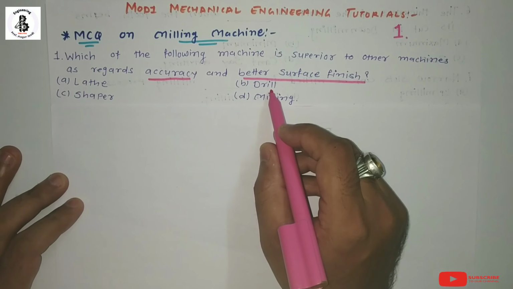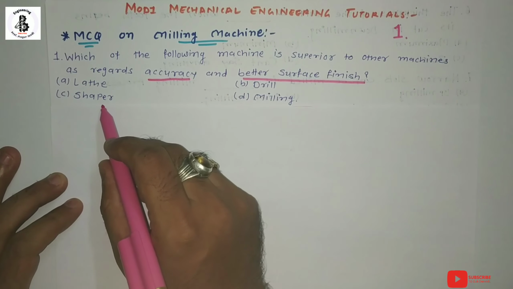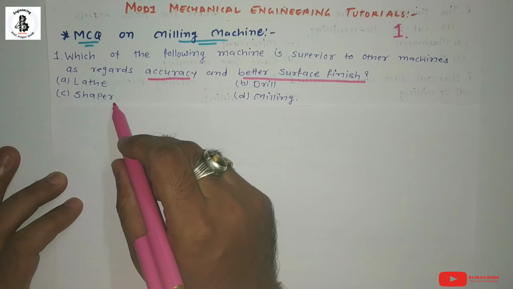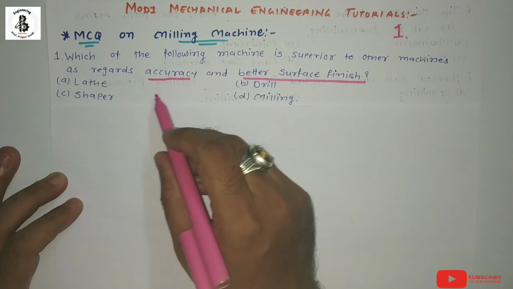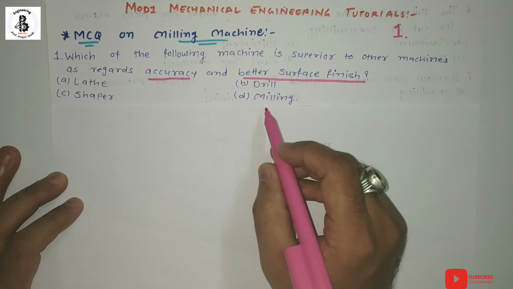After drilling operations, you have to perform a reaming operation to make the surface finish. For the shaper it only makes flat surfaces, it will not increase accuracy as well as better surface finish. And option D, milling machines.